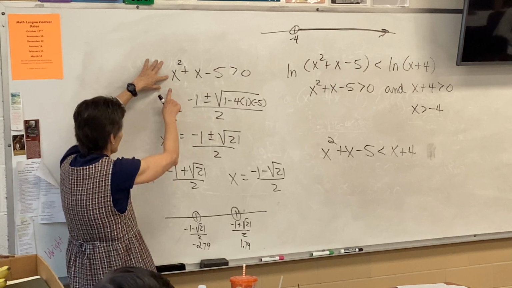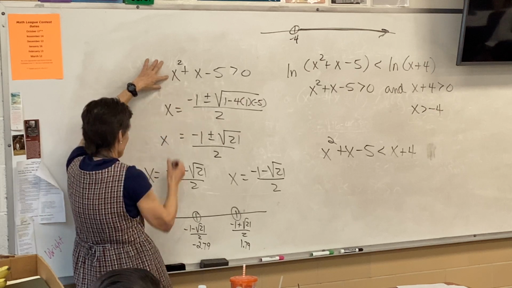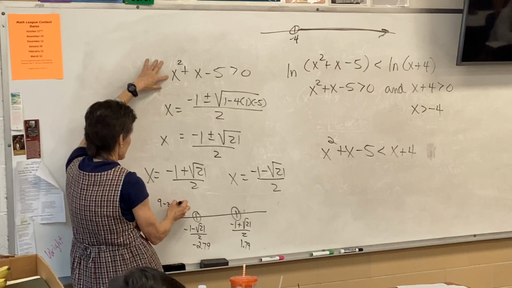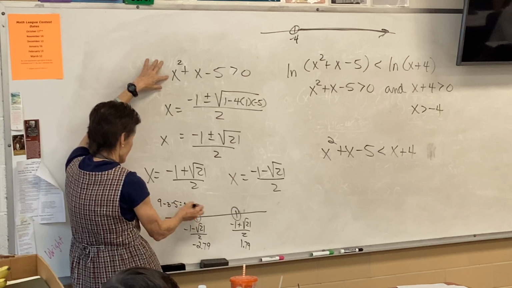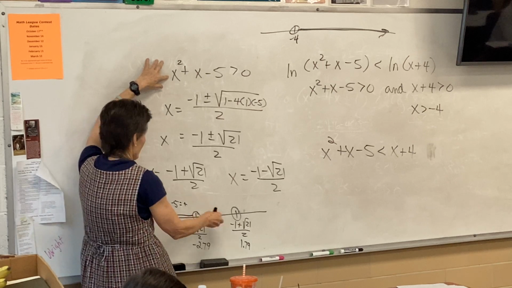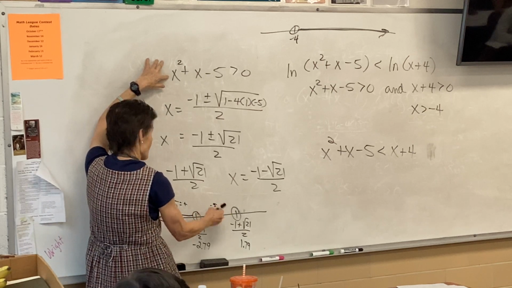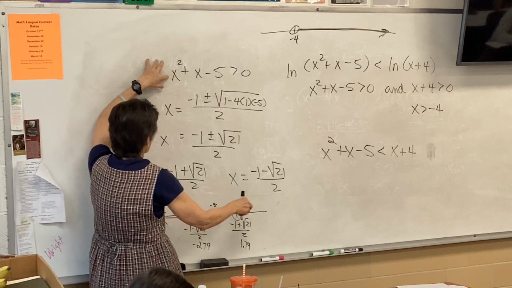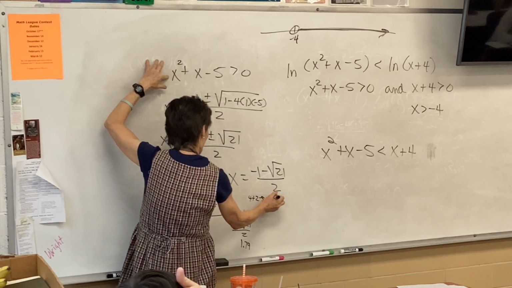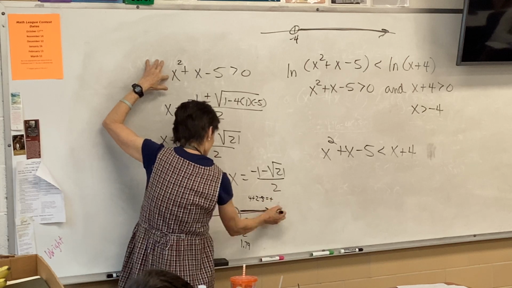So let's put in negative 3. Negative 3 would give me 9 minus 3 minus 5. That's positive. So this works. 0 gives me a negative 5, so that doesn't work. And 2 gives me 4 plus 2 minus 5, which is positive, so that works.